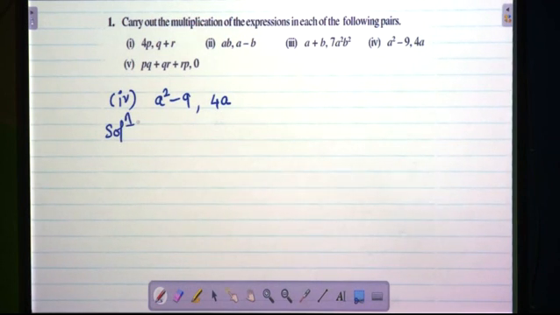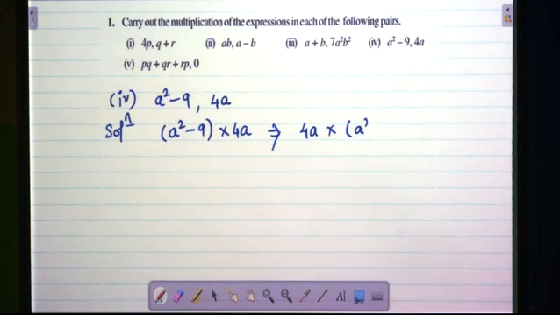We have to solve in this way. It is a square minus 9 multiplied by 4a. This becomes what? 4a into a square minus 9.